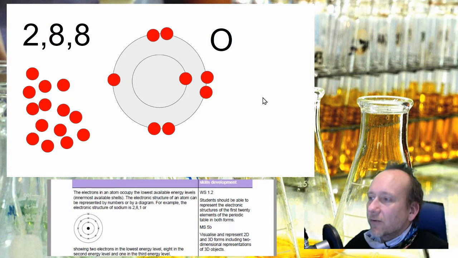So if this was oxygen, what would be wrong? I'll give you 5 seconds. Okay, and you've probably spotted it. So this is oxygen, and you will have spotted that the first shell hasn't got 2 electrons, but the second shell has got 7 electrons.